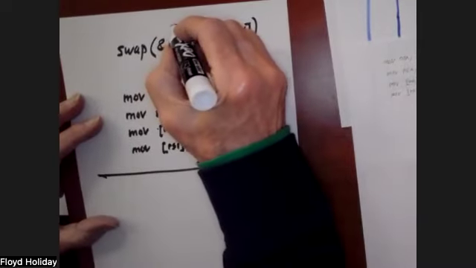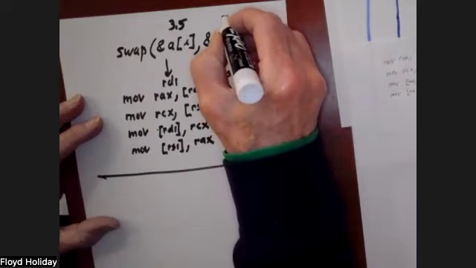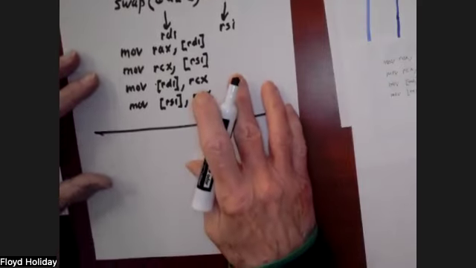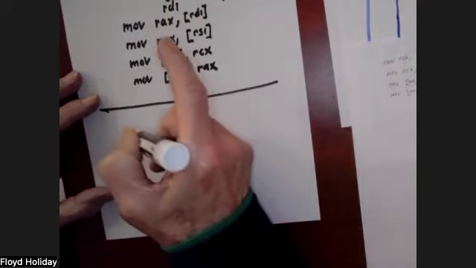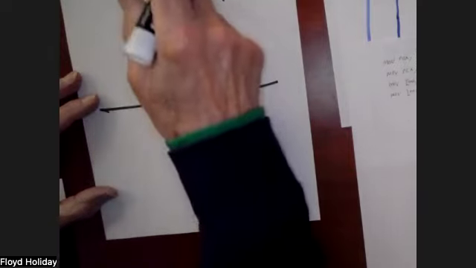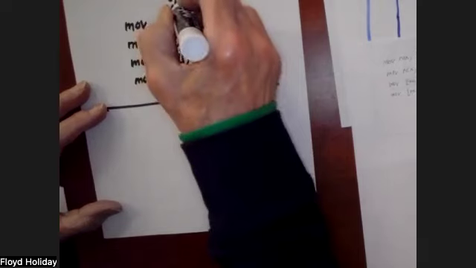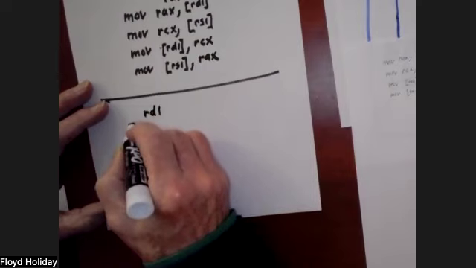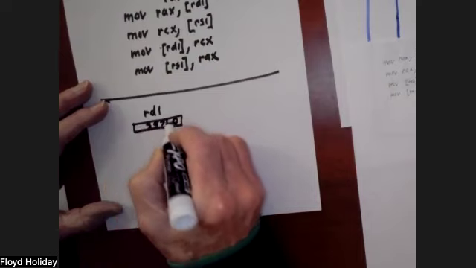Okay, in the array, there's a number 3.5 at this place in the array, and its neighbor is 2.7. They're out of order. The address of 3.5 is placed into RDI. The address is a mess, something like 35710.